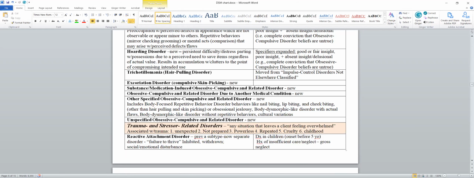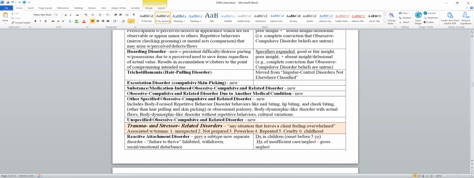Other specified obsessive compulsive and related disorder includes body focused repetitive behavior disorder, behaviors like nail biting, lip biting, and cheek biting, other than hair pulling and skin picking, because they have their own subcategory disorder that I just went over, or obsessional jealousy.